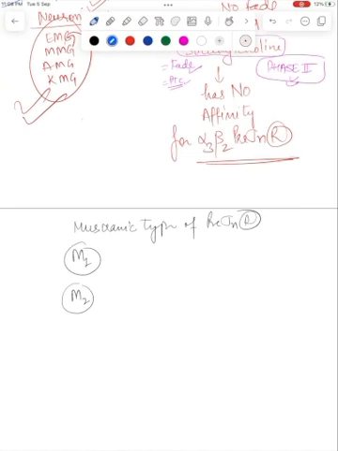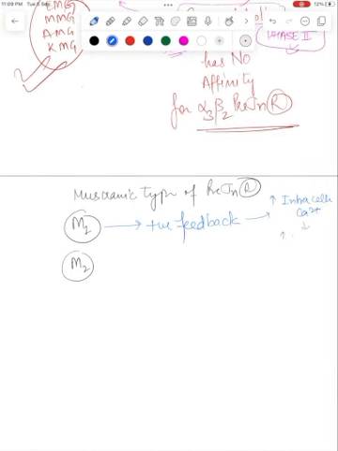M1 receptor actually creates a positive feedback, wherein activation of M1 receptors is going to lead to an increase in intracellular calcium because of increased calcium influx into the nerve ending, which will cause increased acetylcholine release. Whereas M2 will create a negative feedback and will cause a decrease in acetylcholine release.